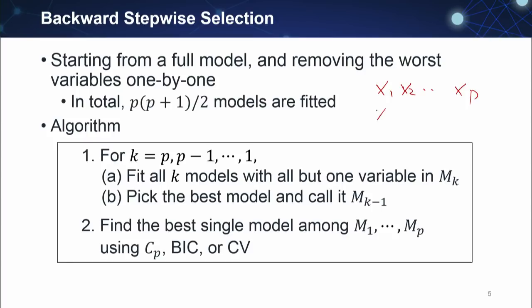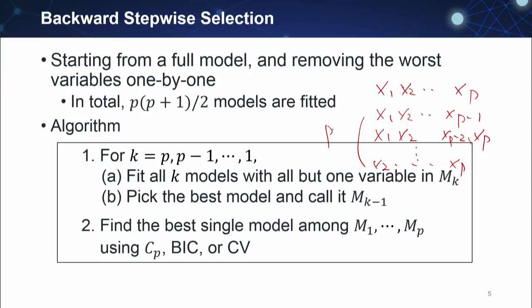So the first one fits the model using only x1, x2, up to xp minus 1. Then next is x1, x2, up to xp minus 2 and xp, just xp without xp minus 1. In this way, up to x2 to xp.